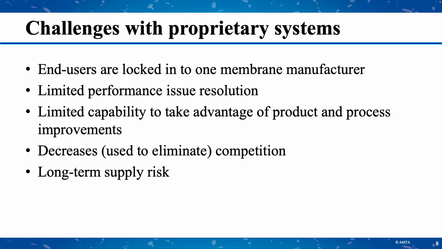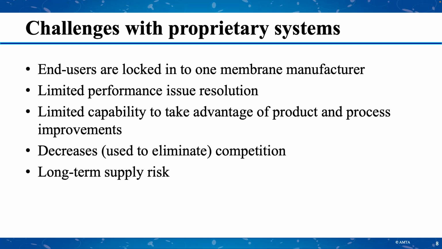For example, when people come out with higher surface area modules, or materials which have a greater chemical tolerance, or are stronger, whatever the case may be, if you're locked into one module type or module configuration, then you have a challenge trying to take advantage of those improvements.